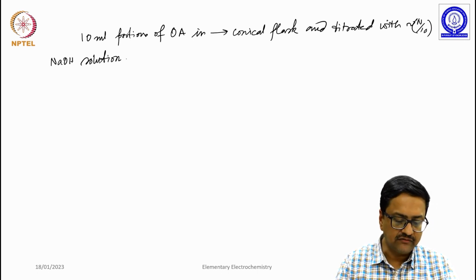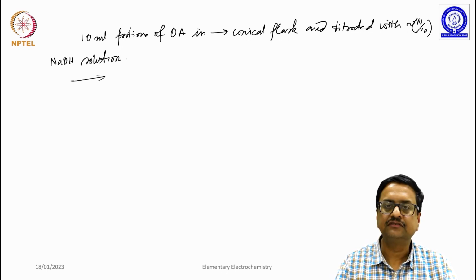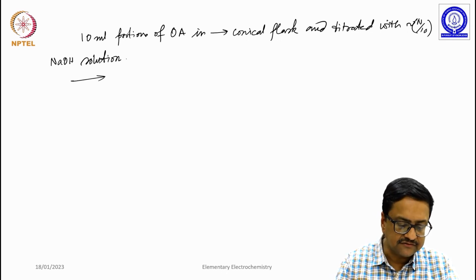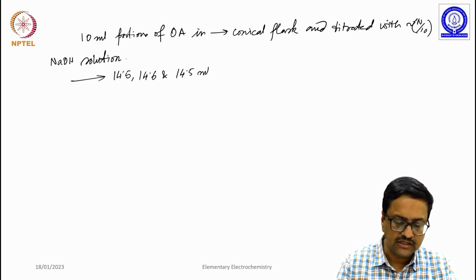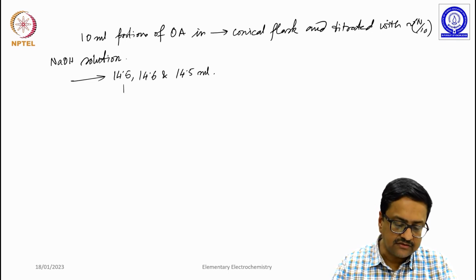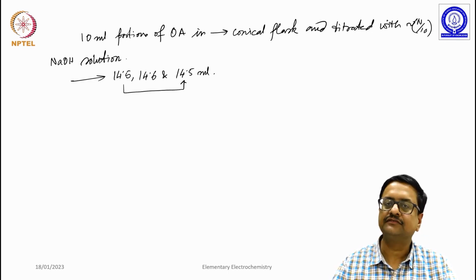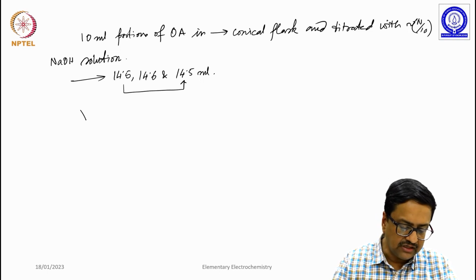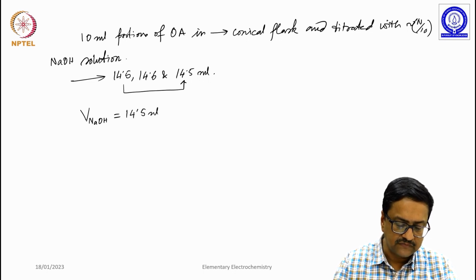During that titration, when we had done the titration 3 times, we got the readings as 14.5, 14.6 and 14.5 ml in 3 consecutive titrations. We will take the concurrent readings for NaOH and we will consider V NaOH as 14.5 ml.